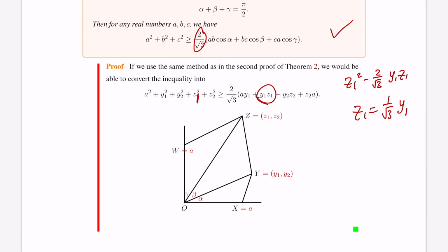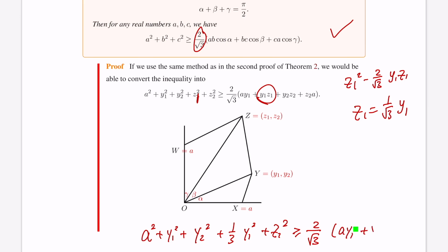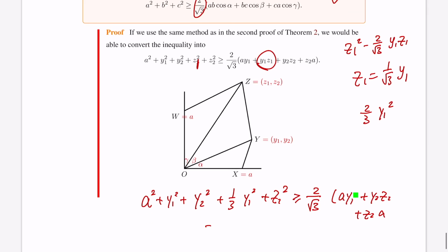I put it in, I will get a squared plus y1 squared plus y2 squared. z1 is 1/3 of y1 squared plus z2 squared, which is bigger than 2 over square root 3, a y1, y2 z2 plus z2 a. And this y1, z1, if you put them together with the coefficient, you would basically get 2/3 of y1 squared. Okay, and you go to the right hand side, minus y1 squared.